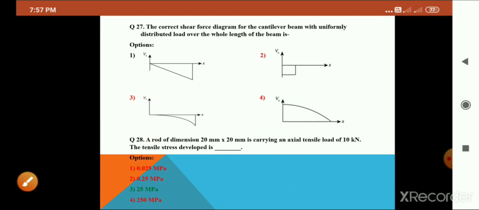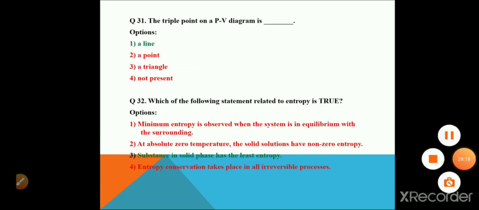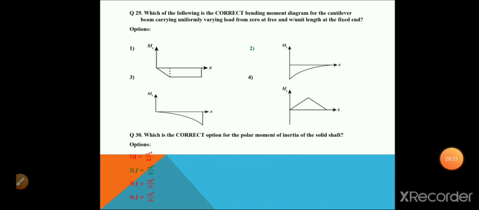Next question: which of the following is the correct bending moment diagram for the cantilever beam carrying a uniformly varying load from 0 at the free end to W unit per length at the fixed end? Here they ask for the moment diagram, not the shear force diagram. In the previous question the shear force diagram was a straight line, but for the moment diagram no straight line can occur.